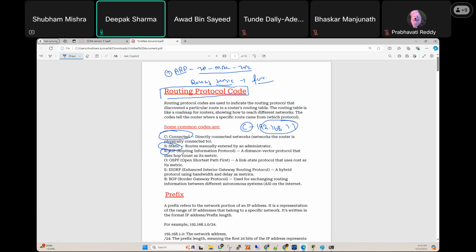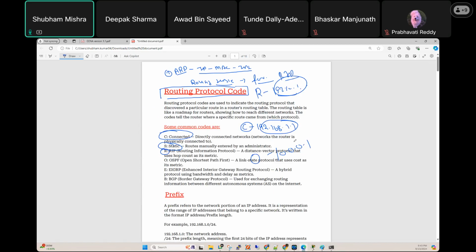R means RIP. RIP is the routing protocol. So if you see the prefix R, and if you see 192.168.1.1, you can think the router learned this route by which protocol? RIP. Getting my point? If you see 10.0.0.1, then what can you think?